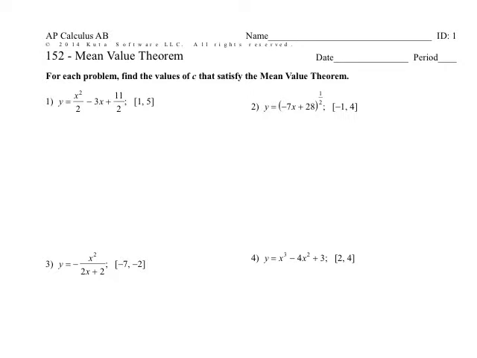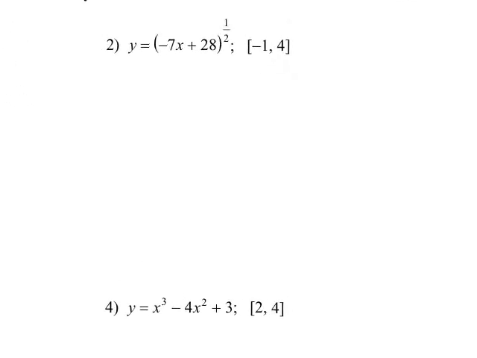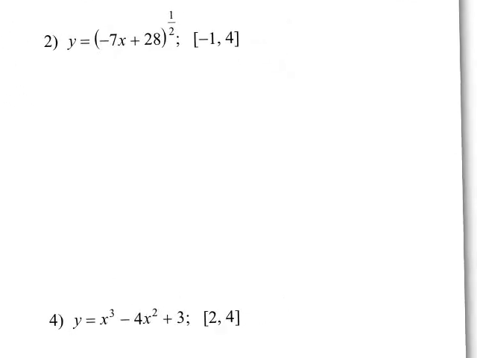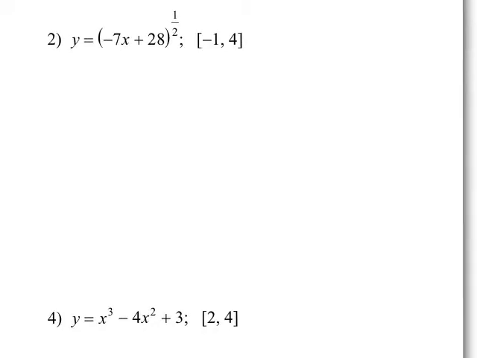Alright, so here we have our problem set. It says find the value c that satisfies the mean value theorem. So I'm going to work through some even problems. Our first equation looks like a root function that's got kind of reflected over in that direction. So we have some function that looks roughly like this, and we're interested in the interval from -1 to 4.